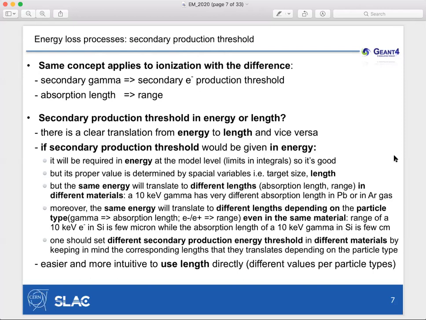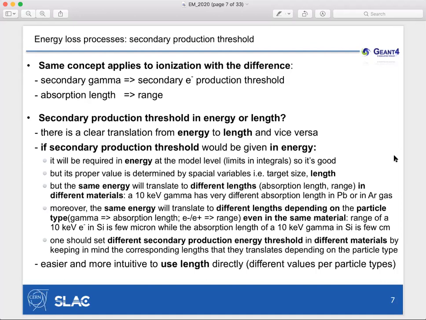Some will require the user to give the secondary production threshold for secondary gamma production in Bremsstrahlung and for secondary electron production in ionization in energy, which is not bad because this is actually how it is used at the level of the model. We saw it's an integral limit.